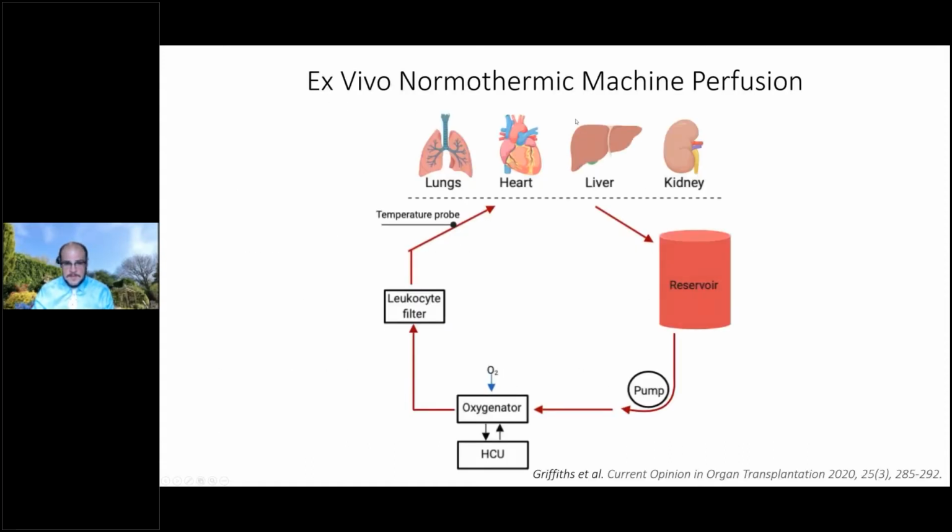So looking at ex vivo normothermic perfusion, or EVNP as it may be termed throughout the rest of this talk, essentially we take one or sometimes more organs, be it lungs, heart, liver, kidney, and we attach it to a circuit, and that circuit tends to contain a reservoir where we have the basic components of blood.